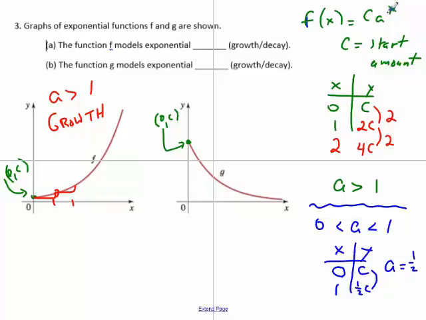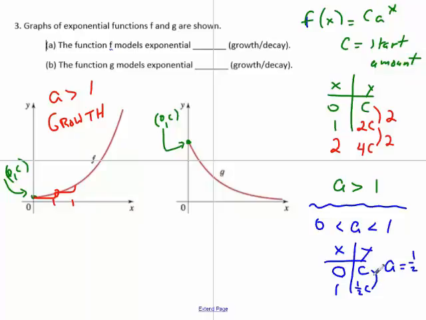Or if we go back to our equation, a is 1/2, which is smaller than 1, and I take it to the first power because x is equal to 1. 1/2 to the first power is 1/2. 1/2 times c gives me 1/2 of c.